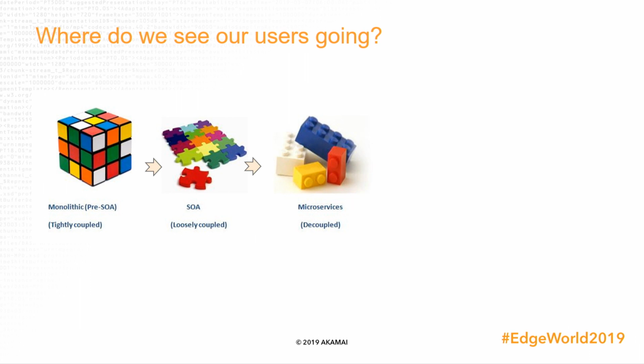So where do we see our users going today? The big direction, pretty much every company we are working with, pretty much everyone on the Akamai platform today, is going towards microservices. Back in the day, you had this monolithic platform, which in our case translates to a configuration.